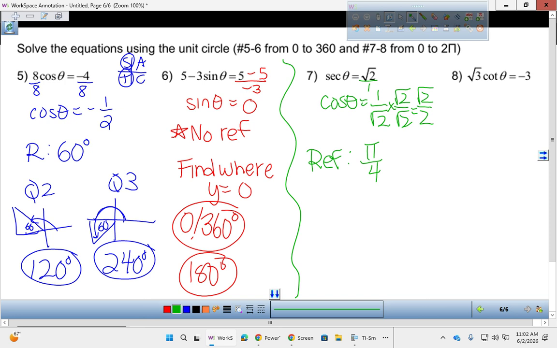Now what I need to do is figure out where this is possible. All students take calc. All of these have 2 answers except maybe your corner ones. All right, so this is cosine and it's positive. So I have a quadrant 1 and a quadrant 4 answer. Quadrant 1 answers are nice. What do we do with quadrant 1 answers? It's just the same. So my first answer is pi over 4.